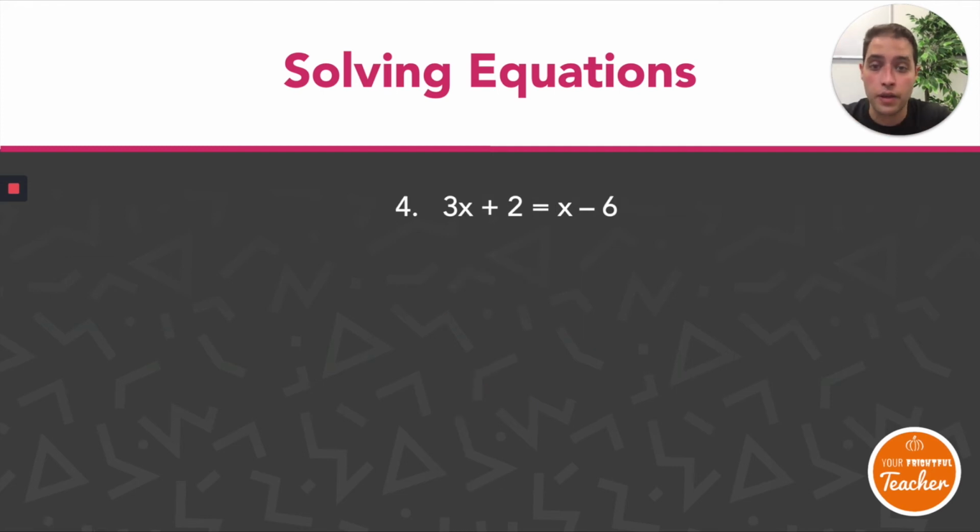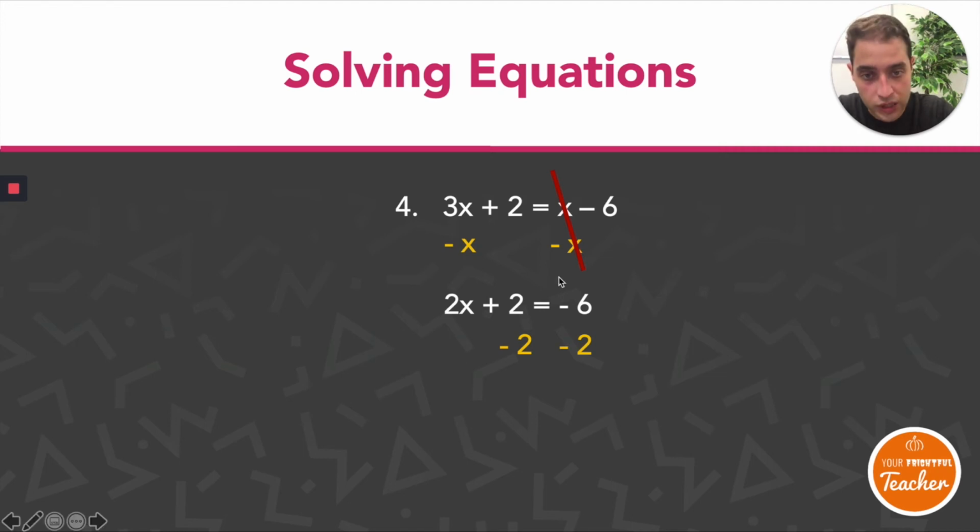All right, question 4. Now we've got 2 values of x on either side here. What do we do? 3x plus 2 equals x minus 6. Let's remove those x's. Let's get it down to one side. So it cancels it out there. So 2x plus 2 equals minus 6. We're going to leave the 2x by itself.